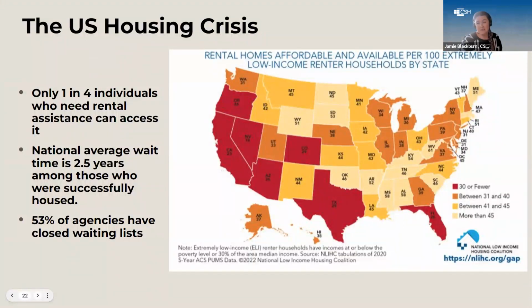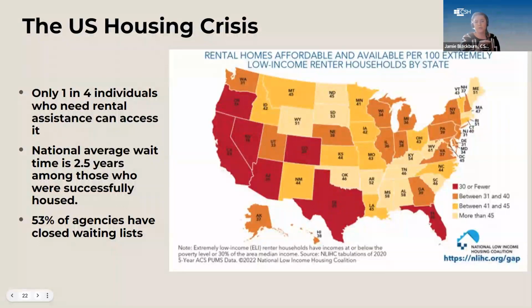So 53% of public housing authorities across the country don't even have an open waiting list. There are so many people on their waiting list that it's closed. And this map here shows where there are the biggest shortages amongst those that have the most extremely low income, right?